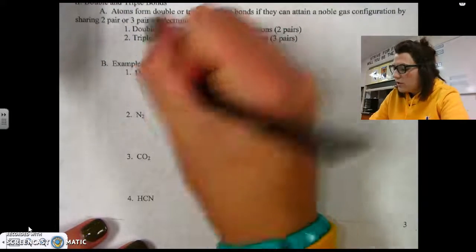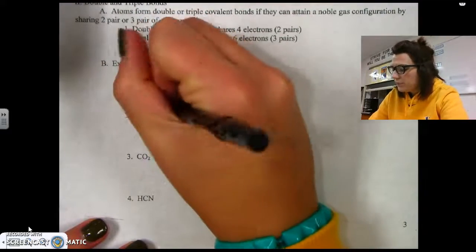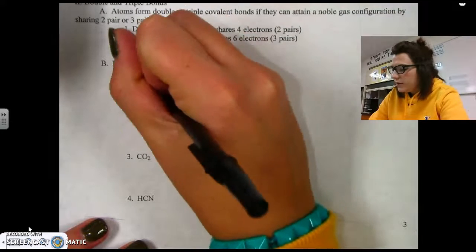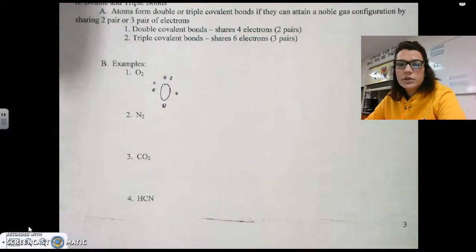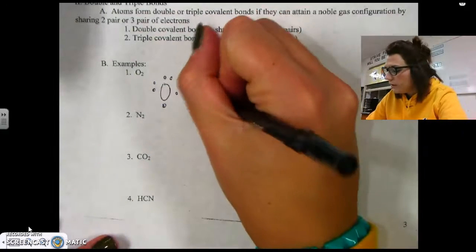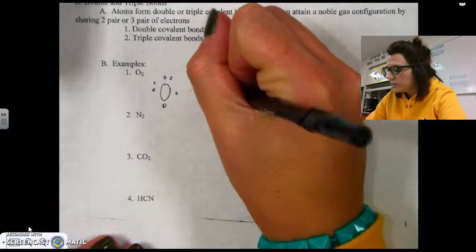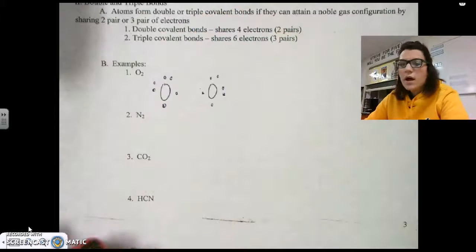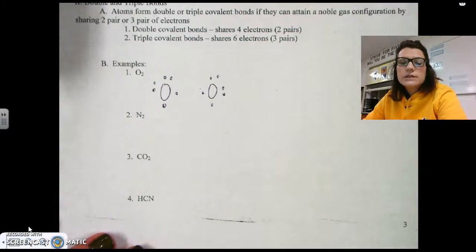Okay, so if I draw oxygen, with its 6 valence electrons, because it's in group 16, which means it has 6 valence, and another oxygen atom with its 6 valence electrons, we can see 2 things going on here, okay?